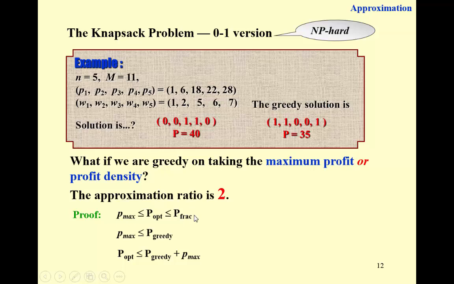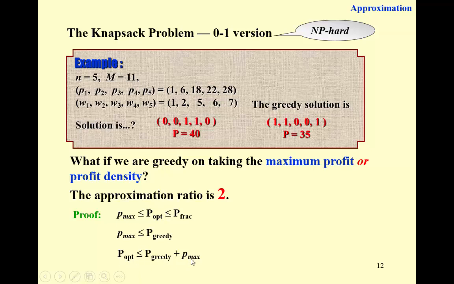And in the fractional problem, the profit of the last fraction must be no more than P max, correct? So if we add P max to the greedy solution, this is guaranteed to be larger than, or at least not smaller than, the fractional solution. And the fractional solution is larger than or equal to the optimal solution. And that's why we have this inequality.